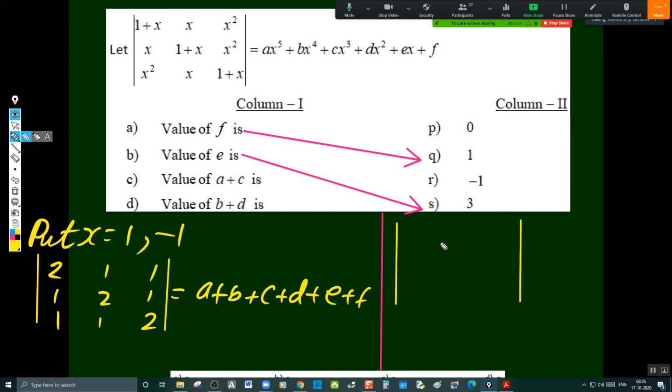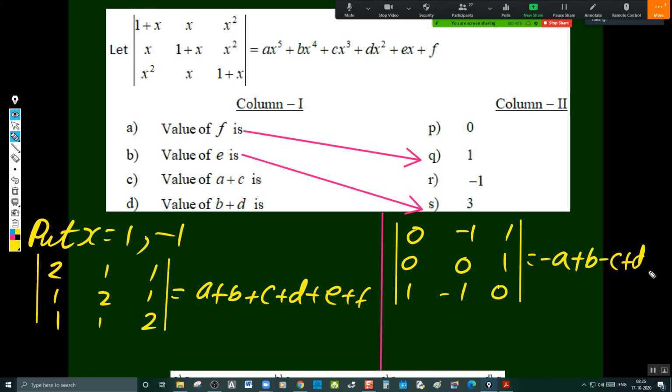Put x equal to minus 1, 0, minus 1, 1, 0, 0, 1, 1 minus 1, 0. This will become minus A plus B minus C plus D minus E plus F.